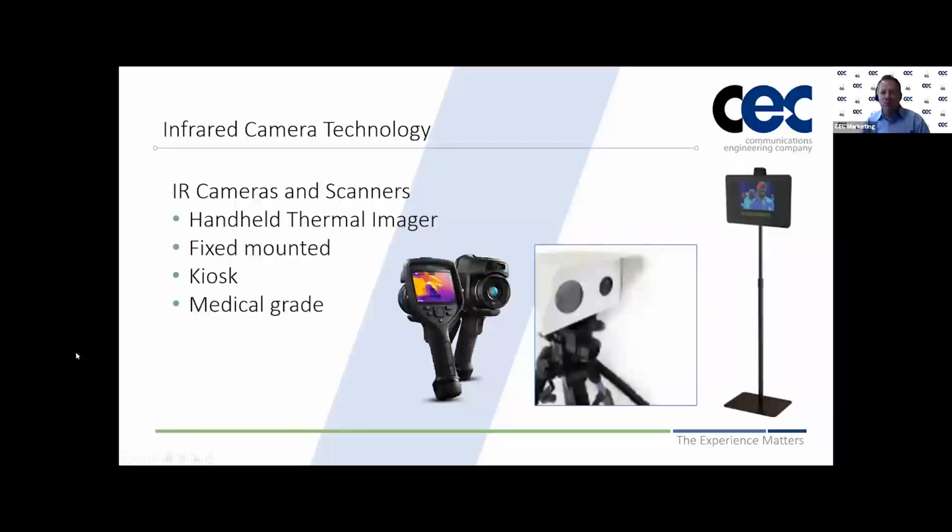So with that, let's dive into some of the actual technology itself and take a look at what we have here. Starting off at an entry level, you've got the handheld thermal imagers, which I've got on the left. These are lower resolution infrared cameras kind of on a stick, okay?